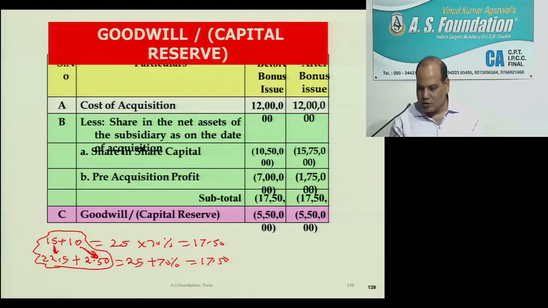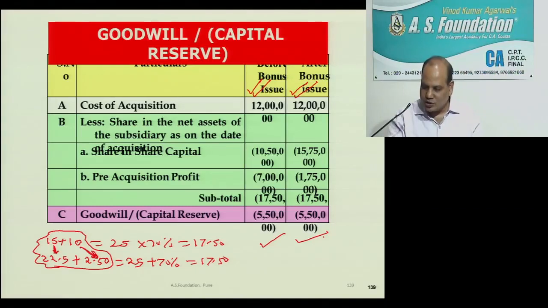So why did I spend so much time on this? Because in some books they have shown this presentation for goodwill or capital reserve calculation in case of bonus share. Do not worry. Finally, the bottom line is the same.